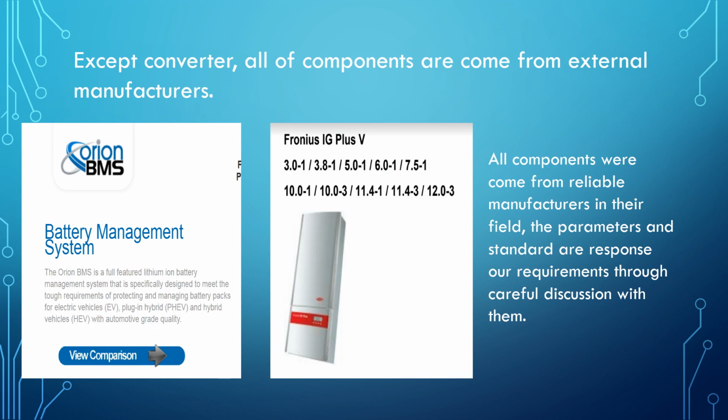Okay, after testing, we have to do the production. Except for the converter, all of the components come from external manufacturers. So these two are examples we purchased from the outside. The Orion BMS is from a famous company for battery management systems, and this is the inverter.